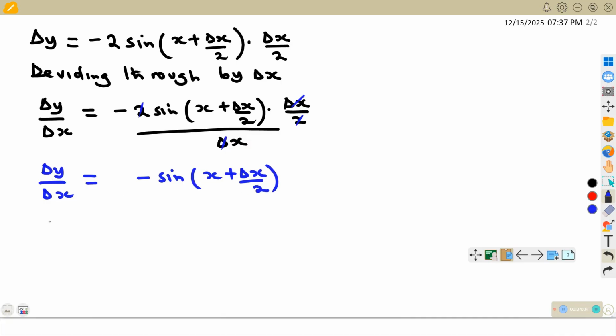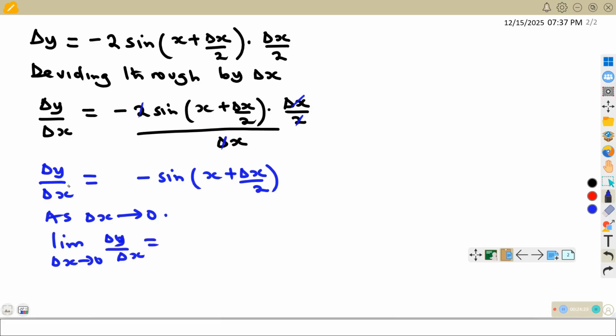So what we shall do now is look at when delta x is becoming small, that is, as delta x is becoming smaller, tending to 0. So from there, we shall take the limit as delta x tends to 0 of delta y over delta x.